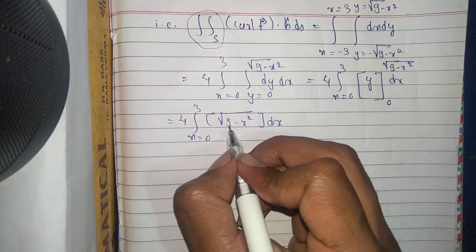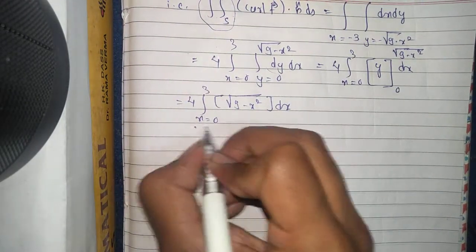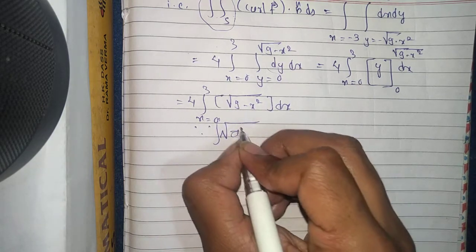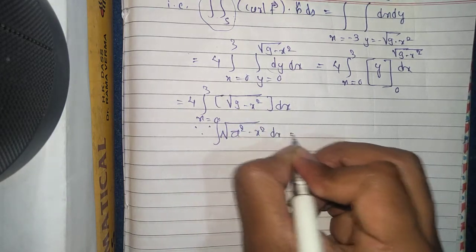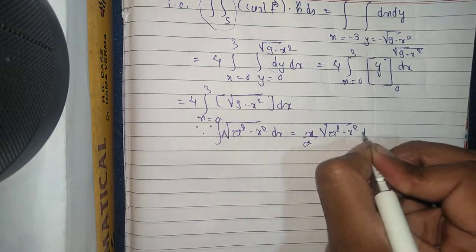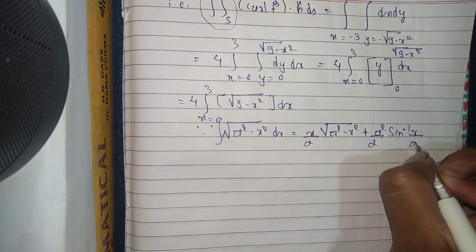It is in the form of root a square minus x square, since we have the formula that the integration of root a square minus x square dx is given by x by 2 root a square minus x square plus a square by 2 sine inverse x by a.